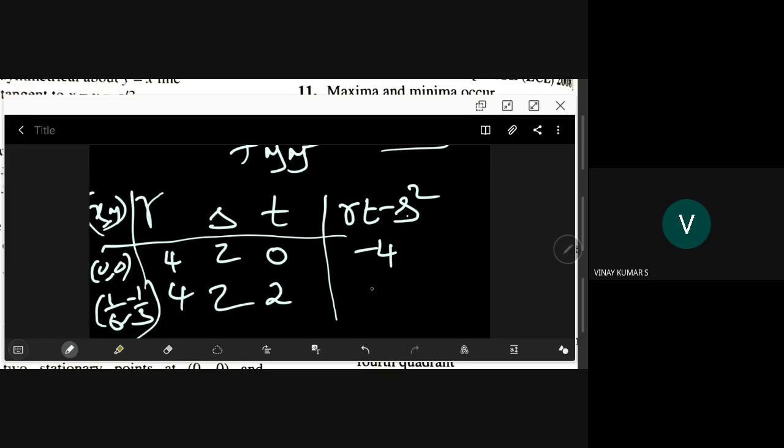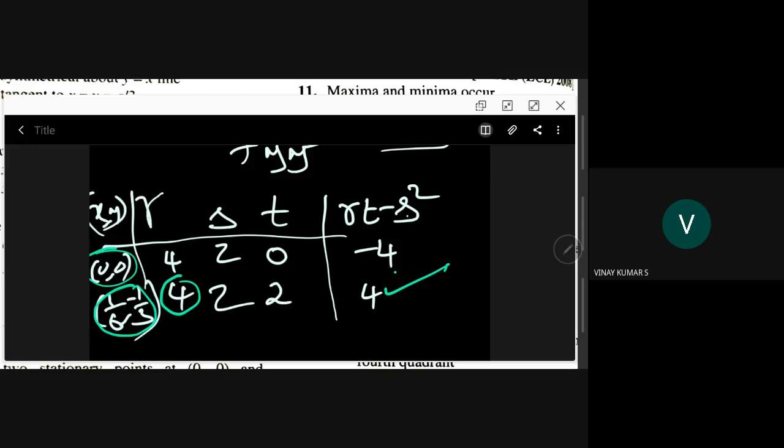So see here, the choice is because RT minus S square should be positive. If it is negative, you can conclude that this is a saddle point. At (1/6, -1/3), it is a minimum because RT minus S square is greater than 0.